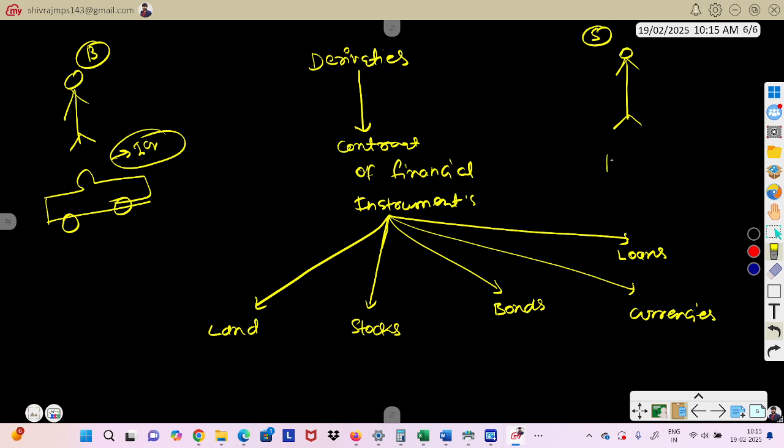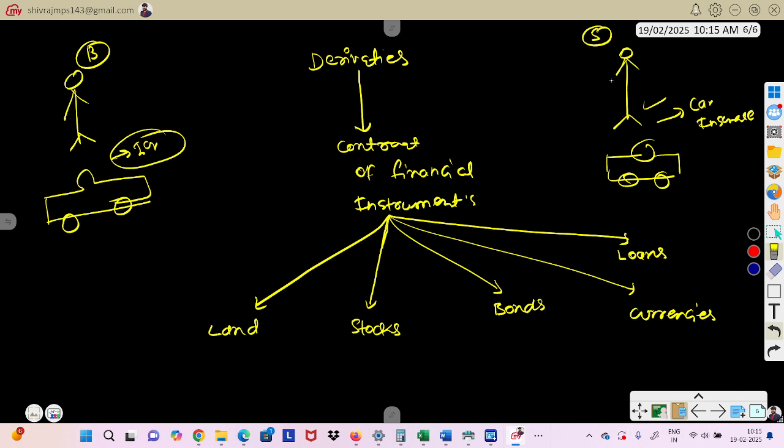Let's say this guy again purchased a car of the same worth, but at the time of purchase he or she also purchased car insurance. Let's say this guy also met with an accident, unfortunately, and incurred the same 20 lakhs cost for repair. But this person is holding an insurance, which is a protection.